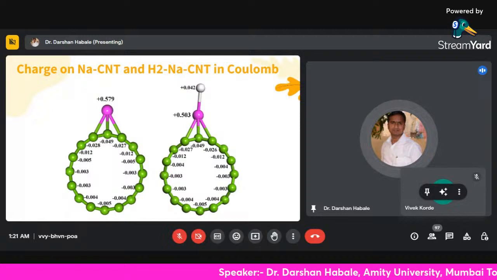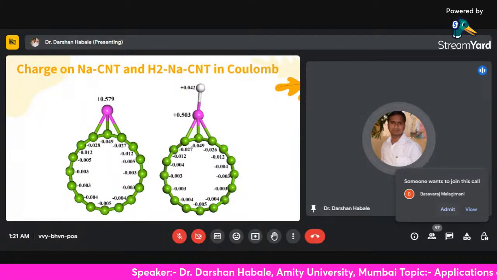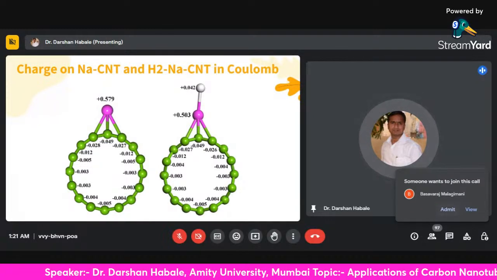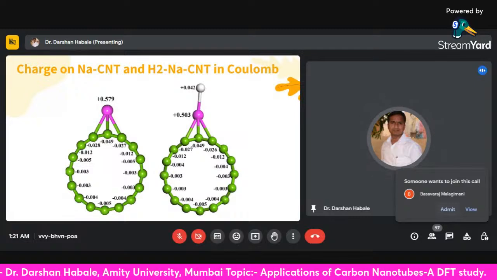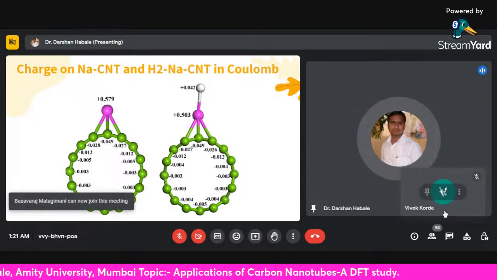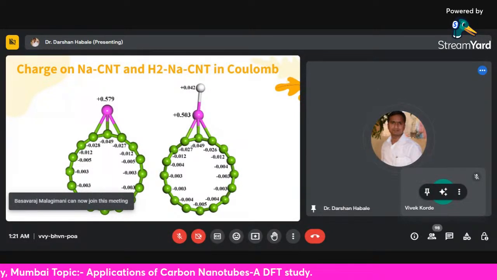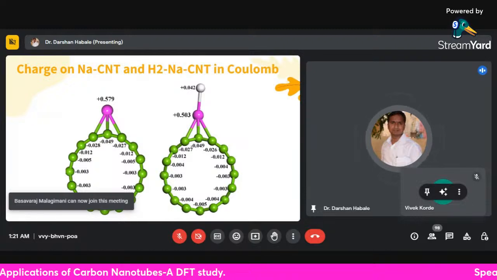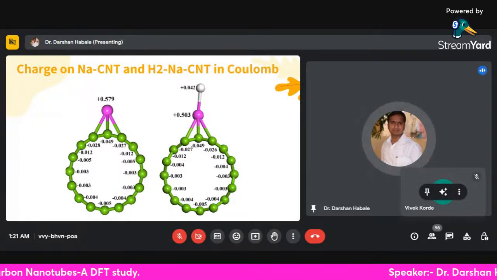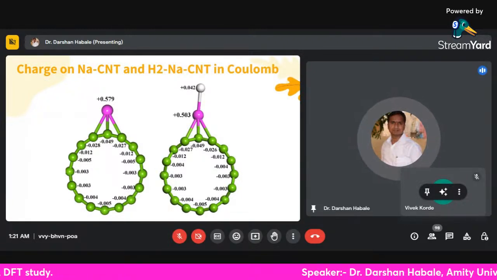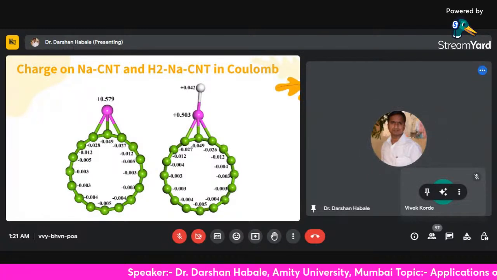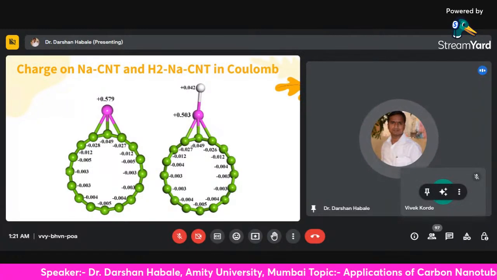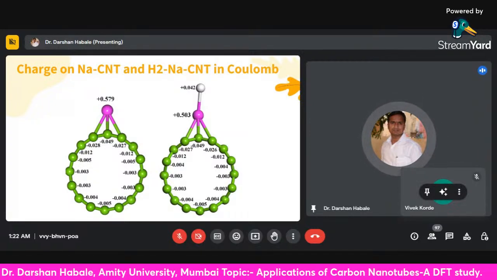So this is a positively charged sodium atom and negatively charged carbon atoms. So this will try to adsorb more hydrogen atoms. This is the polarization mechanism between the distribution of charges, which helps to adsorb more hydrogen atoms over there. And the binding energy for this hydrogen atom that we already discussed is 0.26 eV.